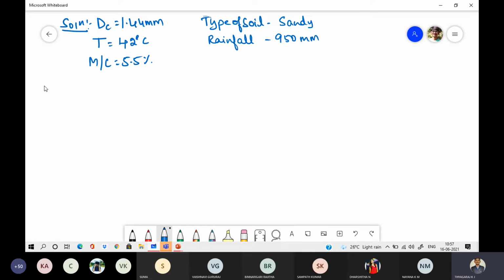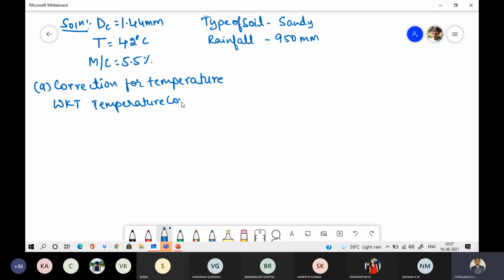So I'll directly go for correction for temperature. We know that the temperature correction factor is 0.01 mm per degree Celsius.